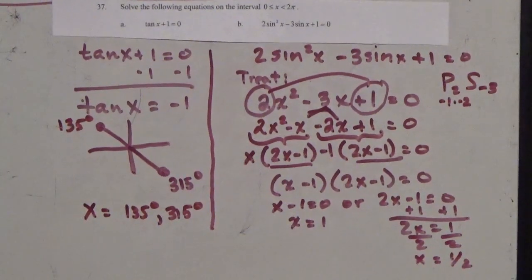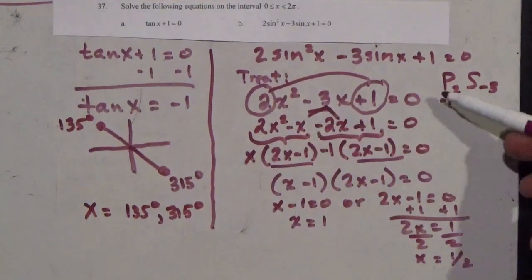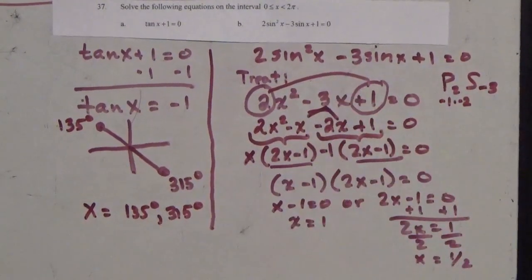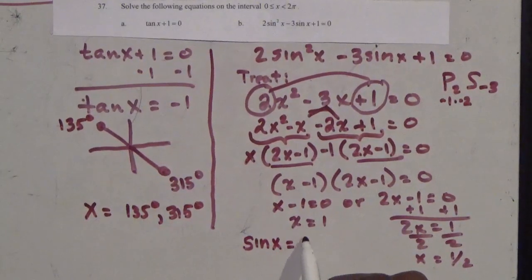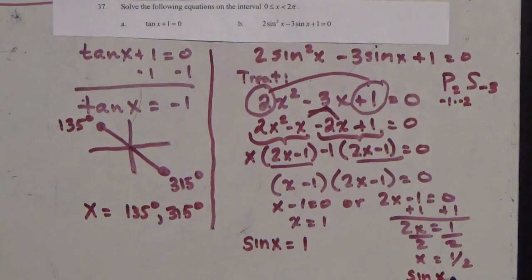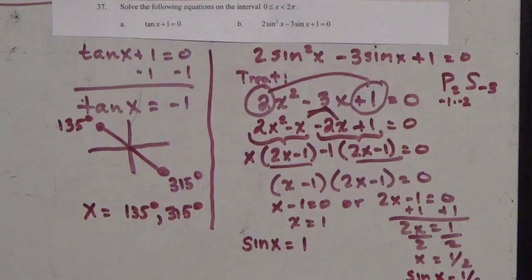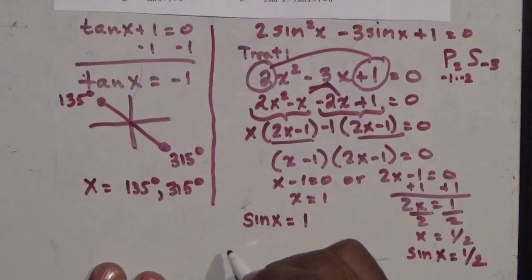Now we got to remember it's not all algebra, we got to go back and put the sine in here. So we're looking for when sine x is equal to 1, and when sine x is equal to 1/2. Those are your solutions.